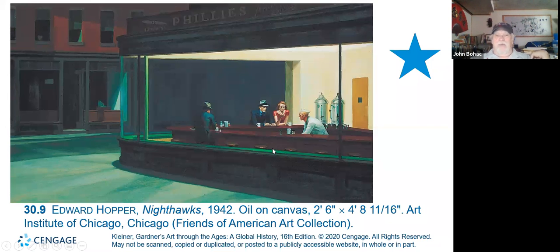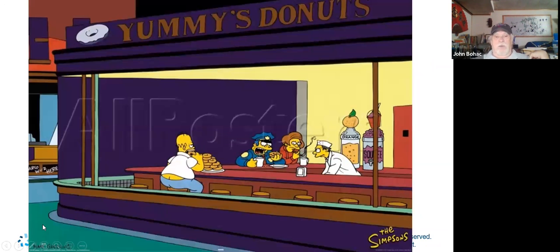But anyway, I brought some other examples of spoofs, spin-offs of this painting, because I was knocking around and just thinking about all of the different versions that people have made, all of the memes that this painting has inspired.